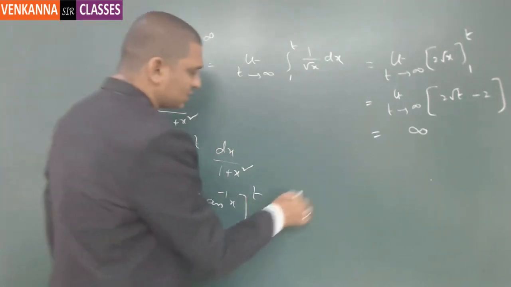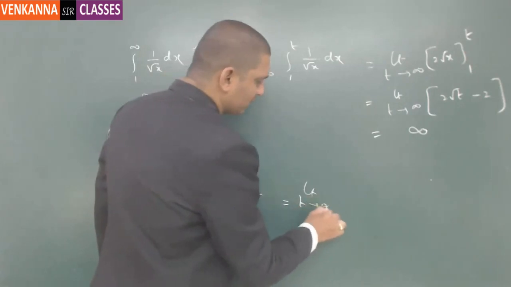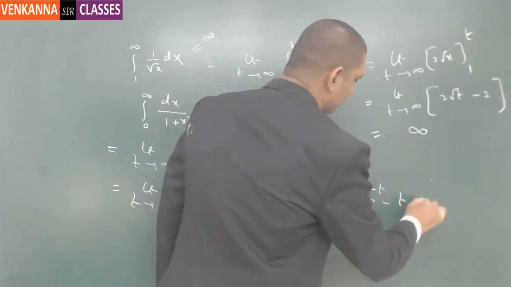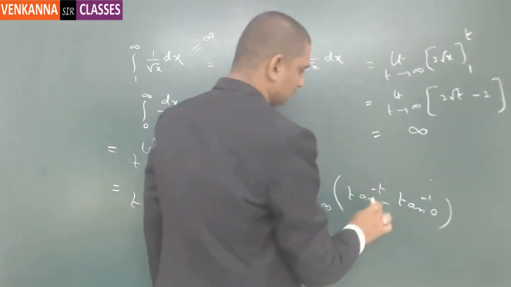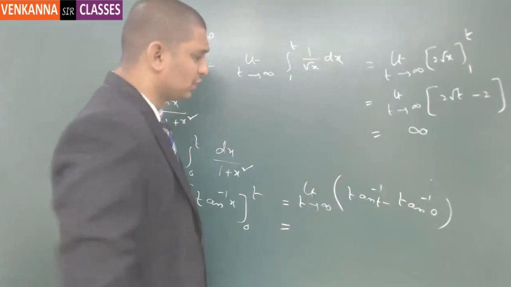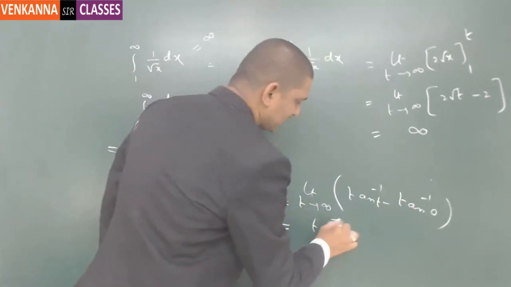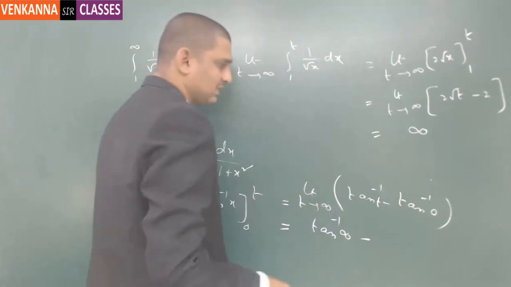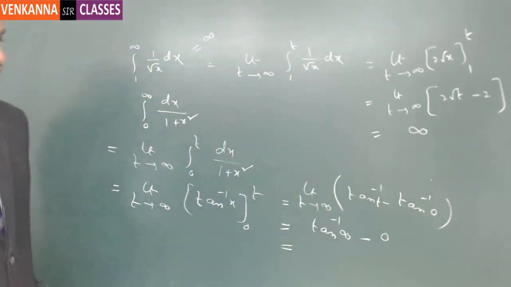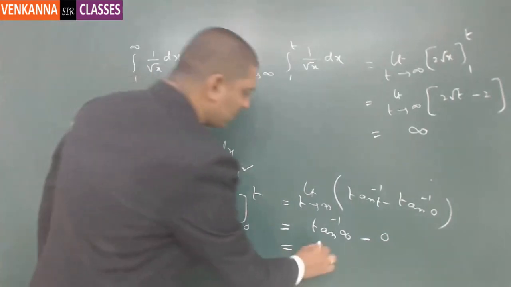So nothing but limit t tends to infinity tan inverse t minus tan inverse 0. So this is equal to tan inverse infinity minus tan inverse 0, which is nothing but 0. And when do we get tan inverse infinity? It will be pi by 2.